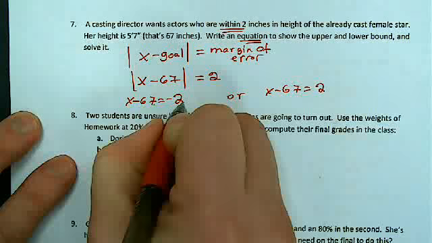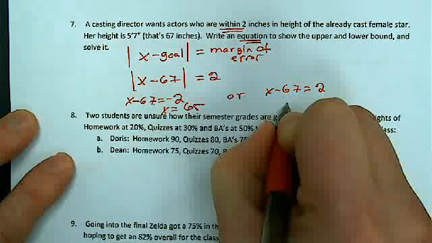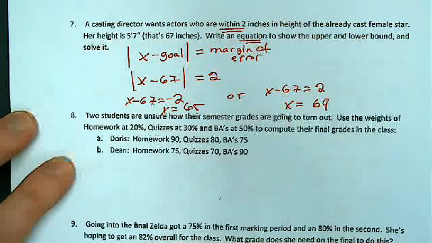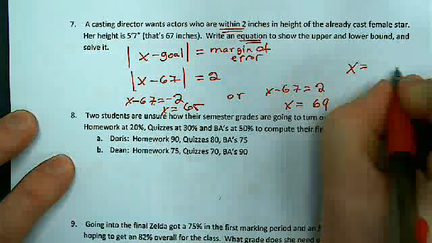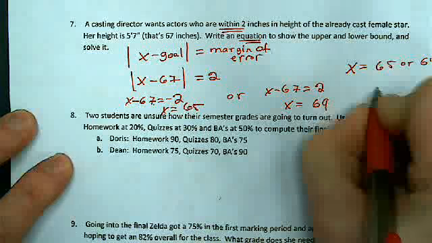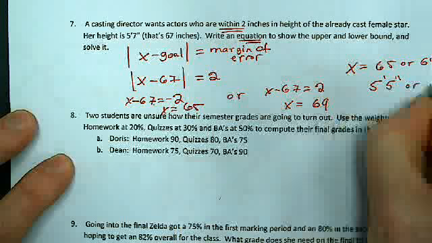Add 67 to both sides, I get 65 as a lower bound. Add 67 to both sides, I get 69 as an upper bound. So that means that my bounds are 65 or 69, which works out to be 5'5" or 5'11".